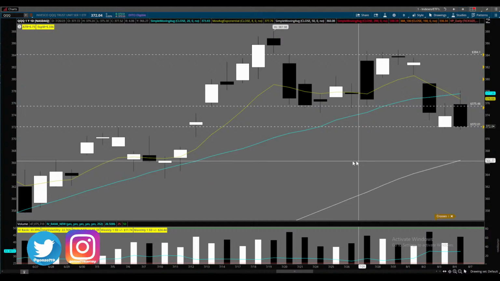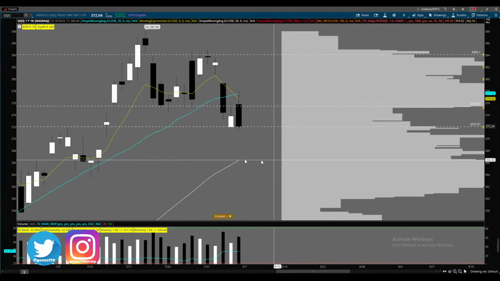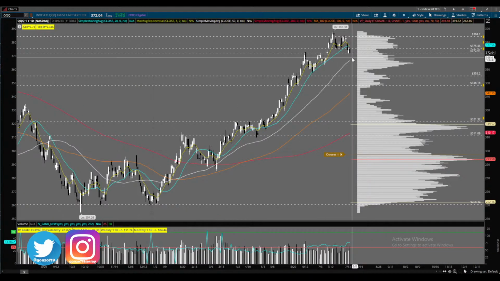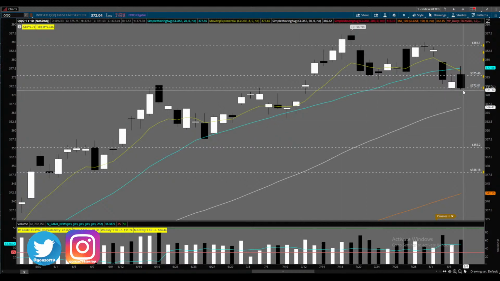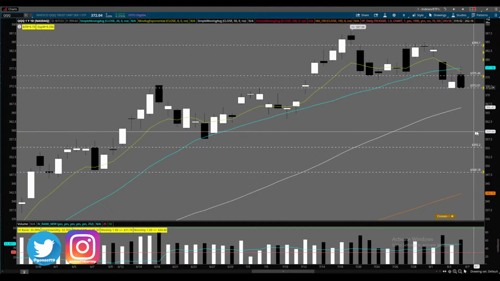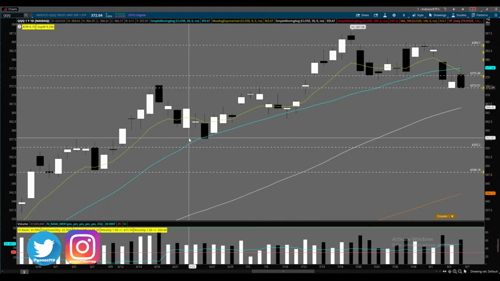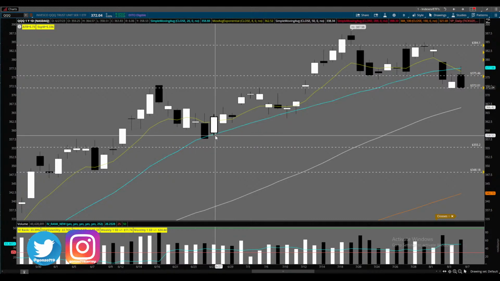All right, now full transparency, I put a trade on at the lows, I think close to when the Qs were at the lows, targeting 360. This is basically the swing low of here, right?